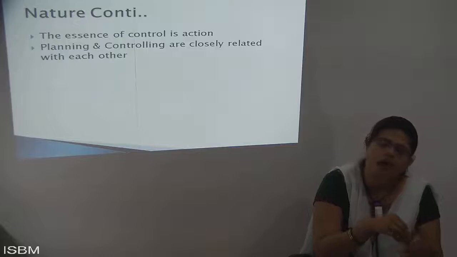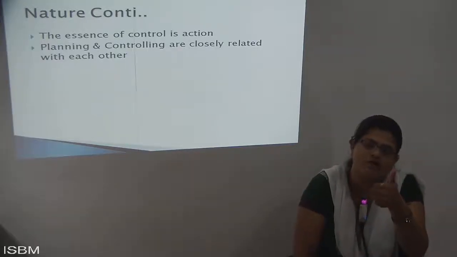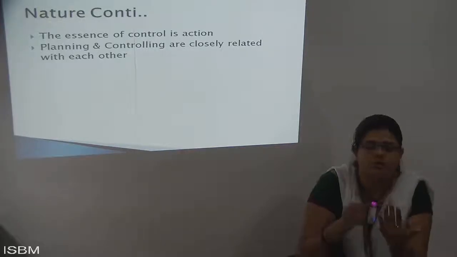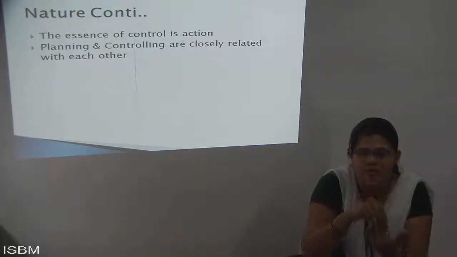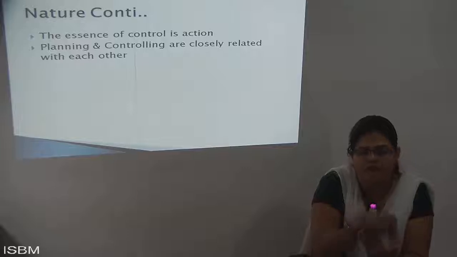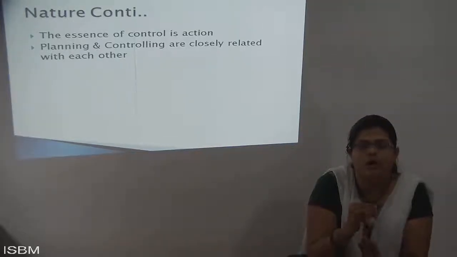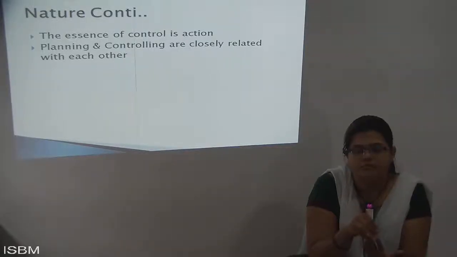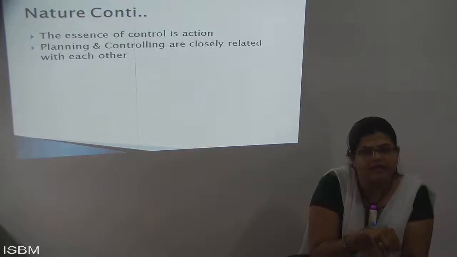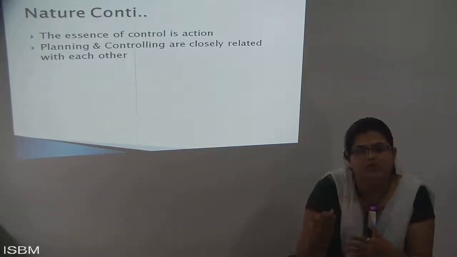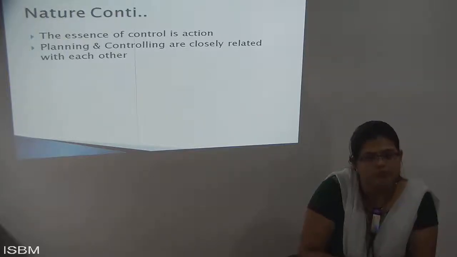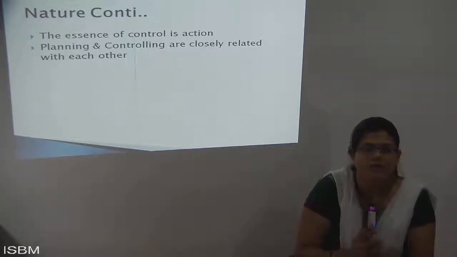If I have only one function, can I handle the management? No. That is why you have different elements or functions, and you need to perform each and every management in different directions. Only if you move in different directions will it be future oriented and a continuous process.